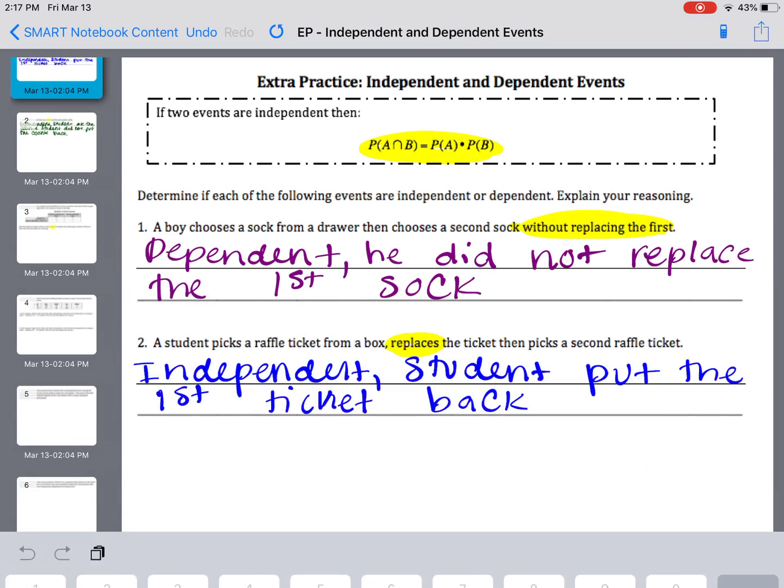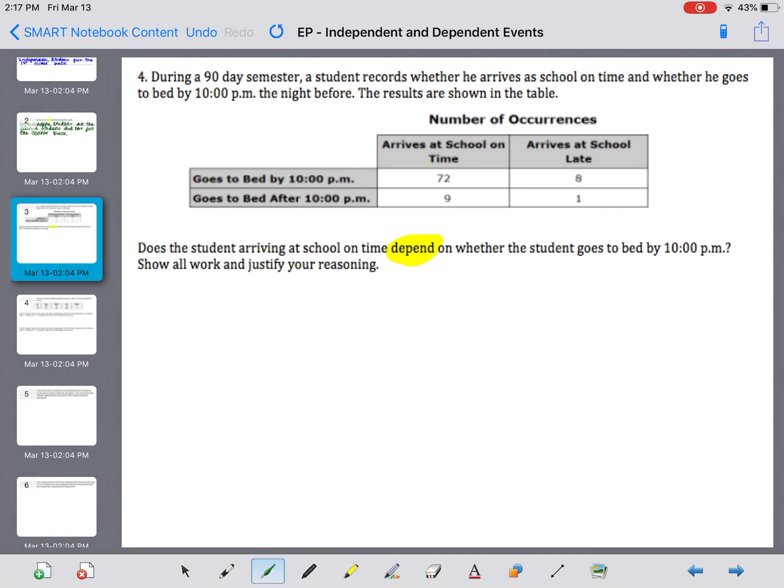So we are using probability of A and B. If that's equal to the probability of A times the probability of B, then those events are independent. If they aren't equal to each other, that means one thing is affecting the other, meaning they are dependent. Okay, so we have to find these probabilities.